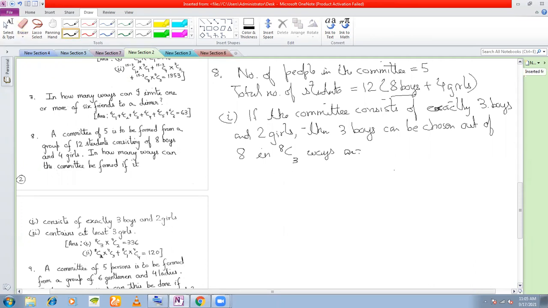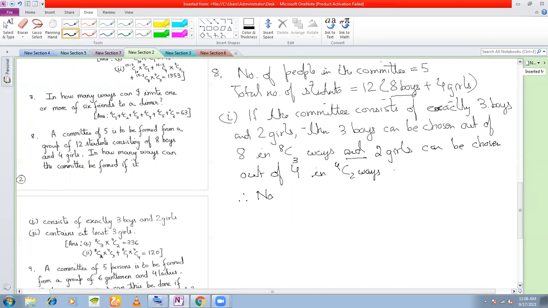And how many girls? 2 girls in the committee. And 2 girls can be chosen out of 4 in 4C2 ways.